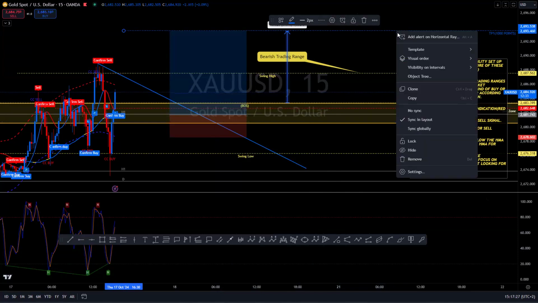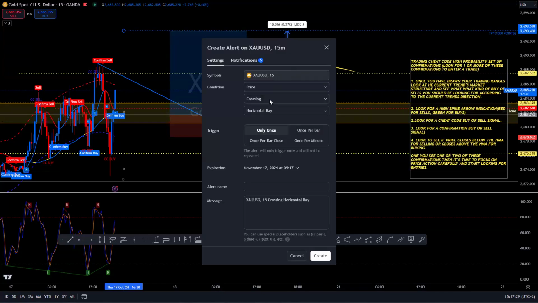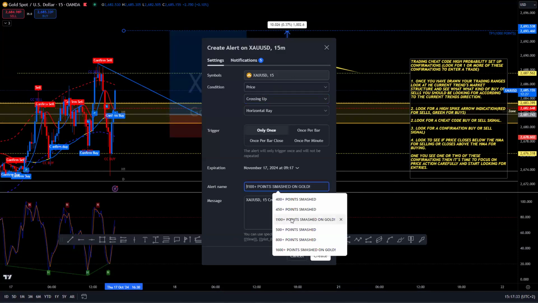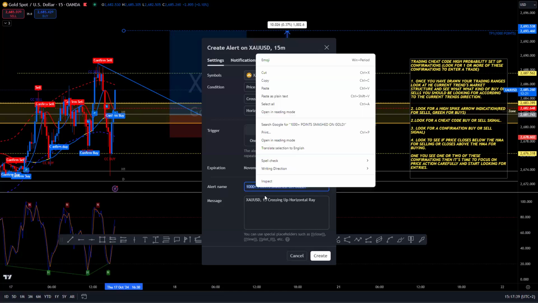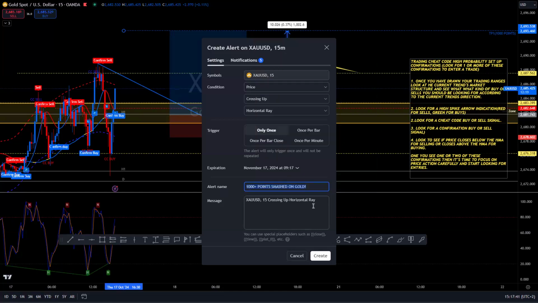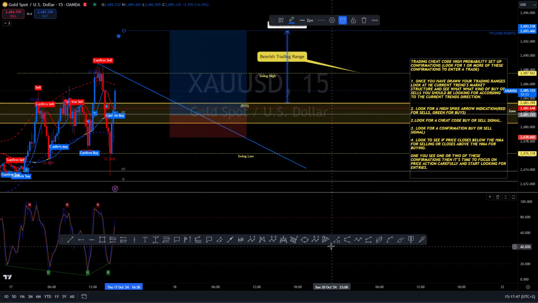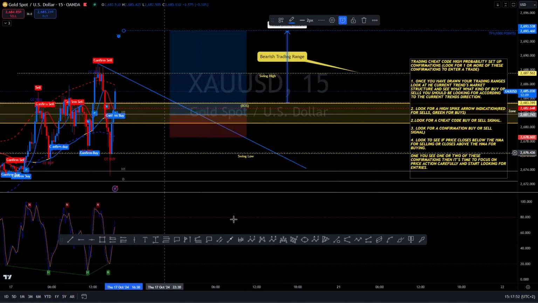I'm going to go ahead and add this layer as well. Right. So yeah, price is really breaking above this structure.